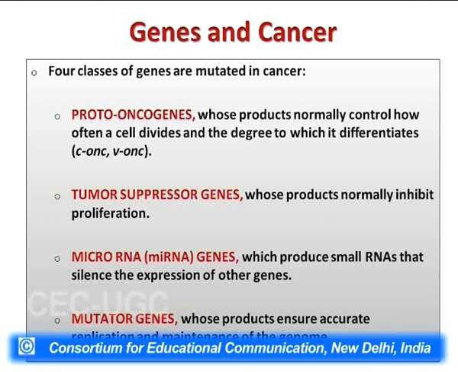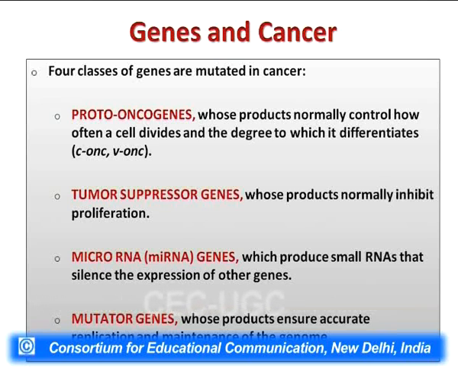The second category of genes is called the tumor suppressor gene. As the name suggests, the proteins generated from these genes help in inhibiting uncontrolled proliferation. So whenever there is uncontrolled growth, these gene products stop or inhibit it.